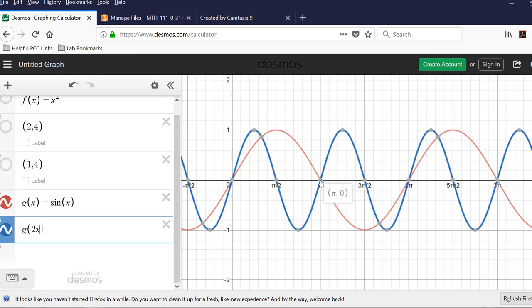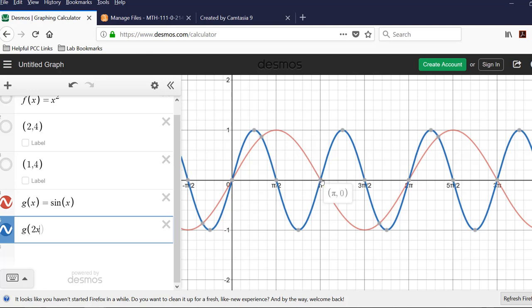comma 0. When I make this new function by taking x and multiplying by 2, where does this point go? When I trace, I see that this graph, call that red, a light red color, does this particular move, notice up and down.